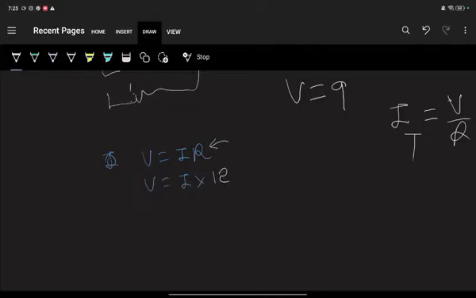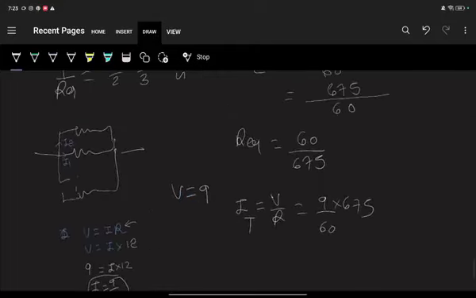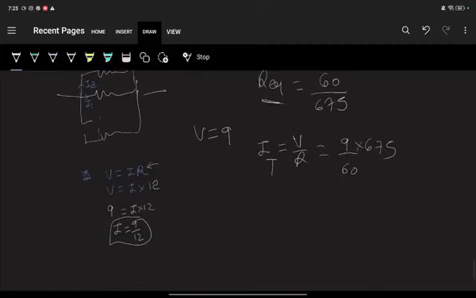Voltage was 9, so current will be 9 by 12. So here you don't need to find R equivalent. Simply write the value of R and voltage, then we can find the current.